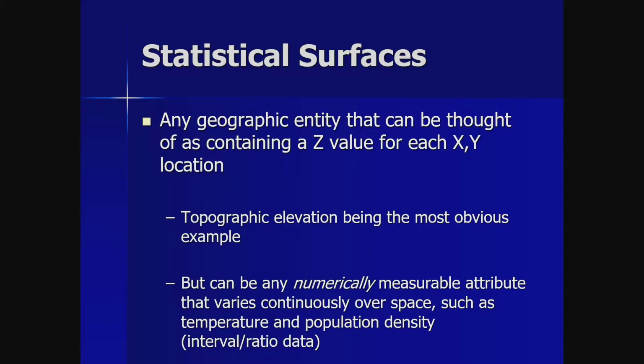So topographic elevation is one of the most obvious examples, but anything that's numerically measured and that varies continuously over space can be measured in this way. Even some things you wouldn't think about right off, like population density. Population density is the amount of people per square unit of land. And we can use point observations of this value to create a continuous surface.